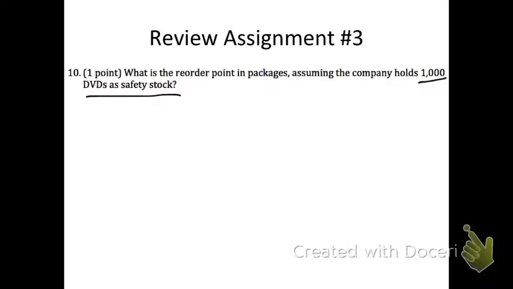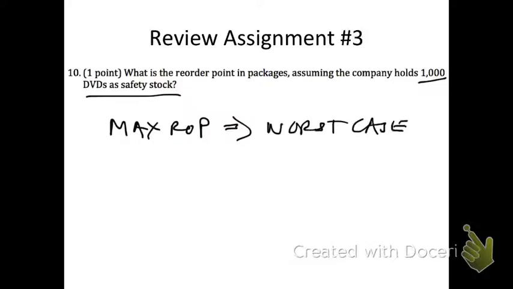I want to stop here for a second. I've given you safety stock, but you should be able to calculate safety stock. Remember, safety stock is the difference between my max reorder point, which is basically my worst case scenario, which means that my maximum reorder point is going to take into effect that lead time could be longer, or that my usage or sales rate could be higher.